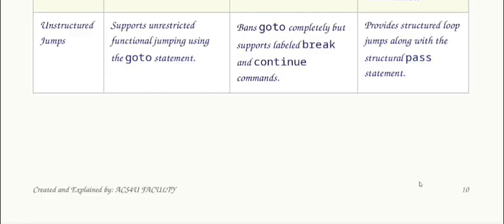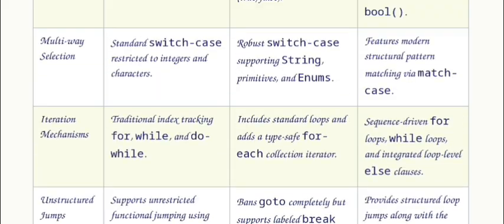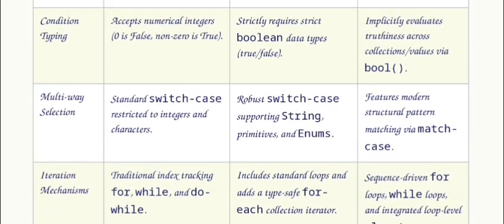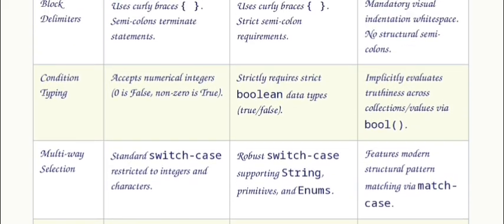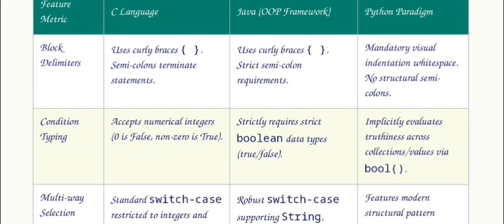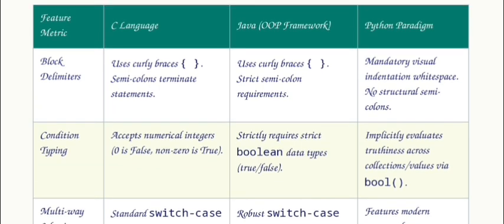And next, we are here to show you a small differentiation between the control statements of the various programming languages. Here we have stated the C language, Java, OOP, and Python paradigm. Clearly see the block delimiters: C uses curly braces. In Java also it is the same, but in Python it is mandatory visual indentation, white space, no structural semicolons.